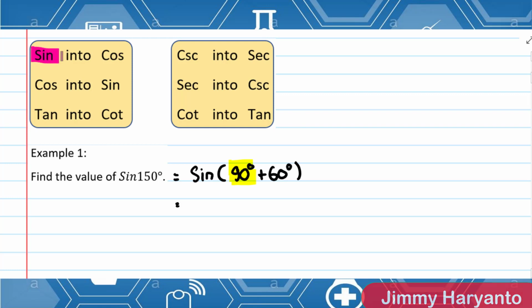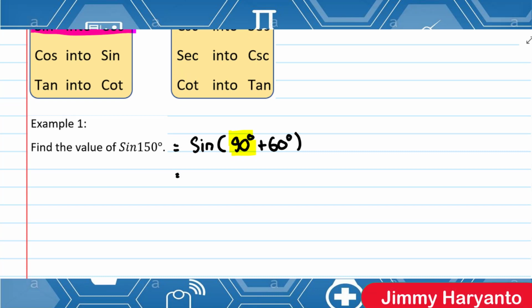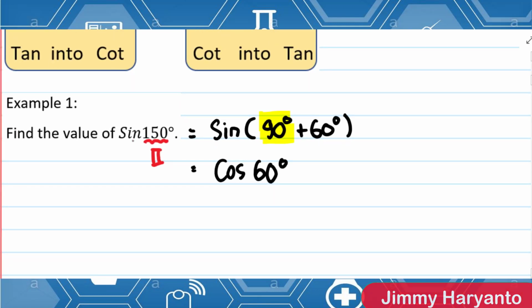So it will be cos. The 90 degree will be gone, and then only cos 60. But the sign, positive or negative, can be determined by the quadrant. Quadrant 2 for 150, and sine in quadrant 2 will be positive. So it will be positive.